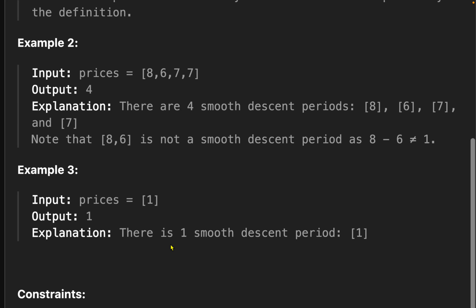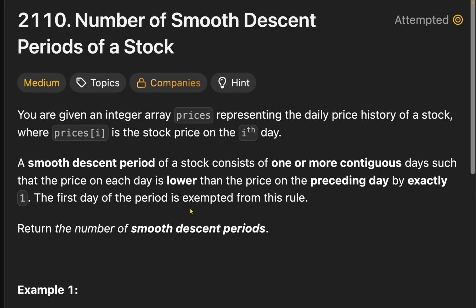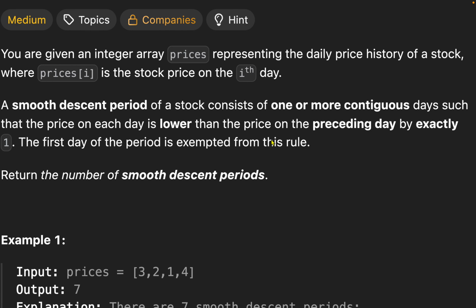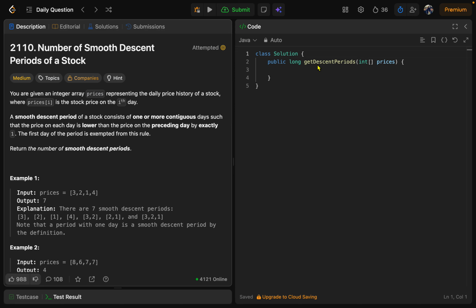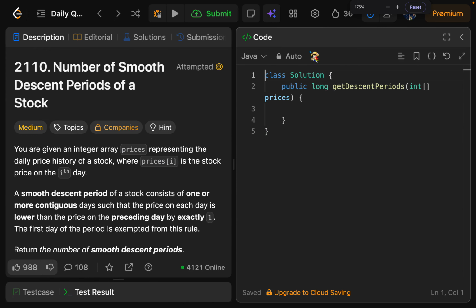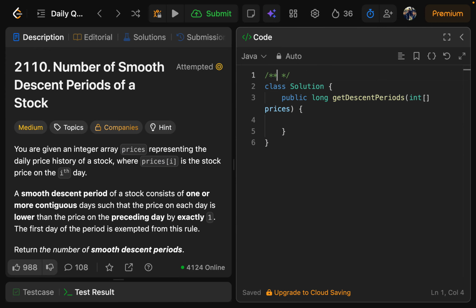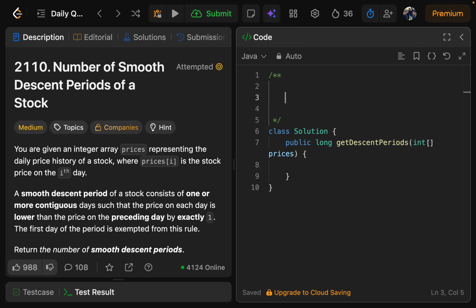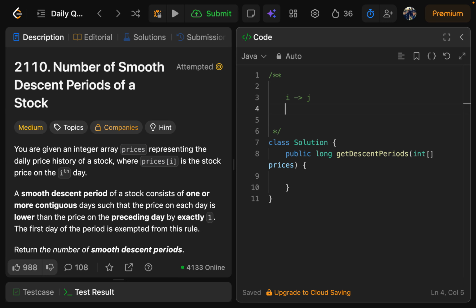One thing which can strike your mind immediately is that we can have a structure where we go ahead and consider each of the things. From i to j, consider whether it is a descent or not, whether it is in the period or not.